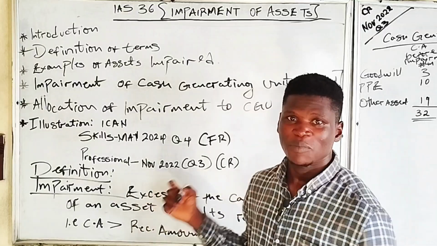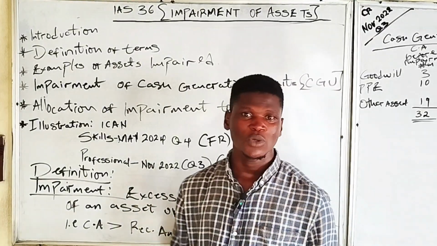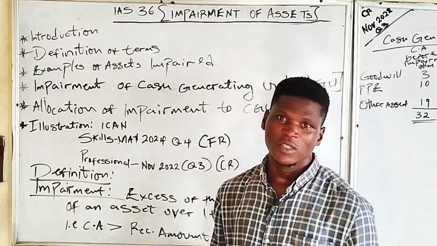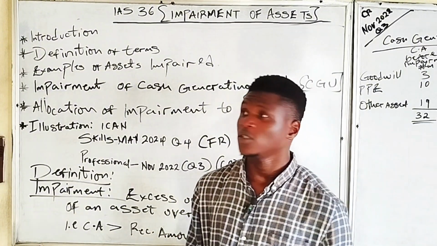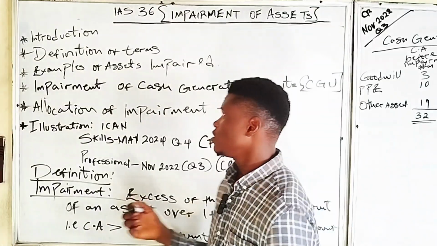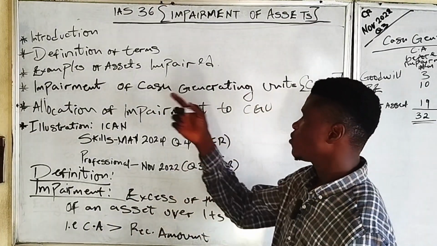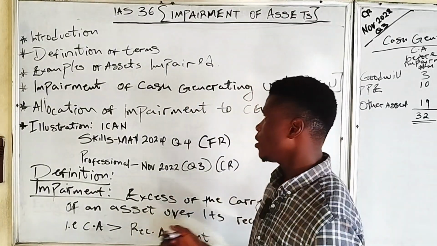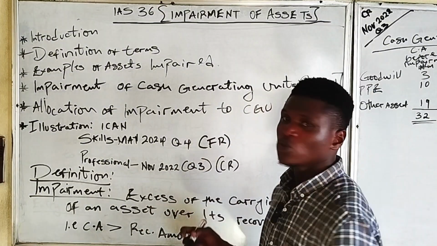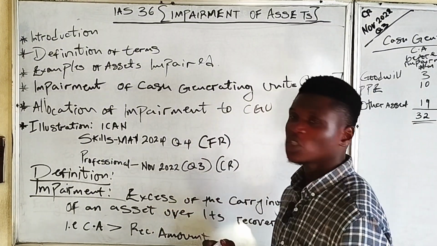So that's the end of the impairment question, and I hope you understand how the treatment of impairment works. IAS 36, which governs impairment of assets. We've talked about the terms, the definition, the introduction, talked about the assets which are impaired, the assets which are also not impaired. We've talked about cash generating unit itself and the impairment of cash generating unit.